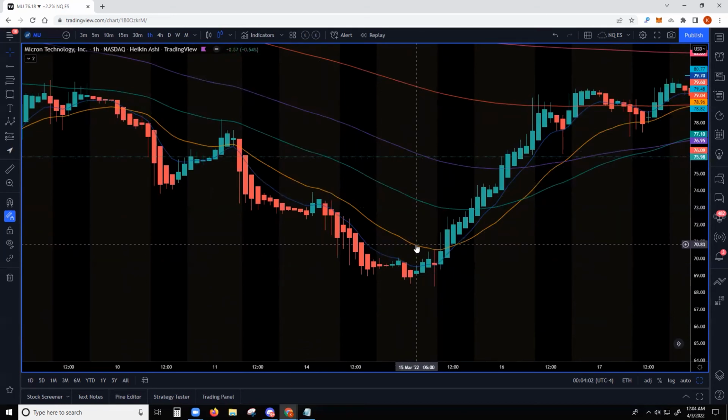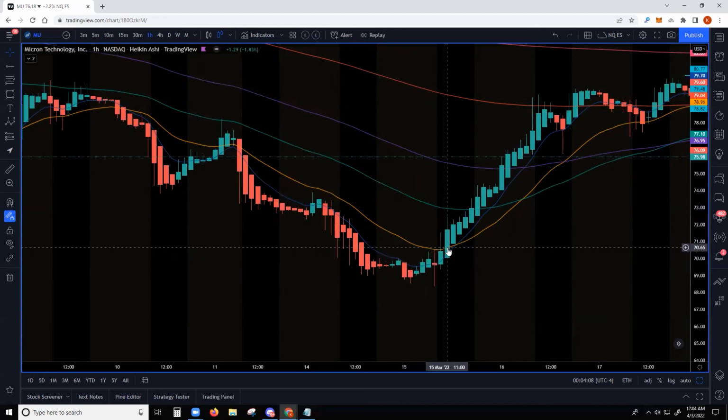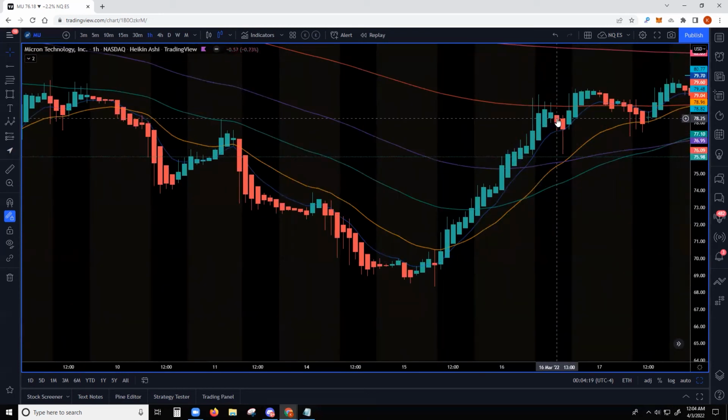So once this starts breaking the 21 EMA, you have a doji here. You have an engulfing green, second engulfing green, entry candle according to the Heikin-Ashi rules. So you enter that candle, you don't get out until you get a red doji candle close, followed by a bearish engulfing candle, which is here. So you'll be closing the position here.